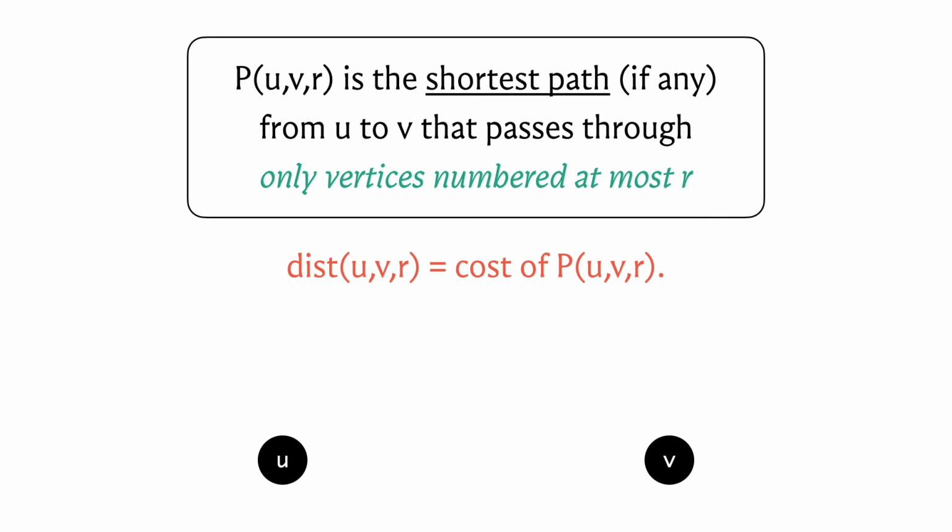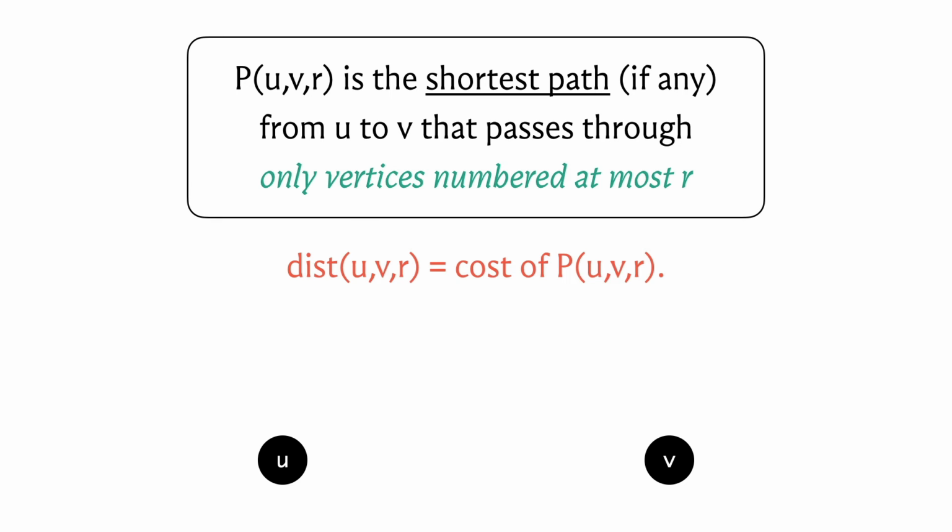And now let's come back to the question that we were posing earlier. How do we compute distance uvr? Well, we are trying to figure out what is the best path from u to v that uses vertices that are labeled at most r, if such a path exists. Now, if such a path exists, there could be two possible scenarios. The first is that it actually uses the vertex labeled r, and the other is that it doesn't use the vertex labeled r.